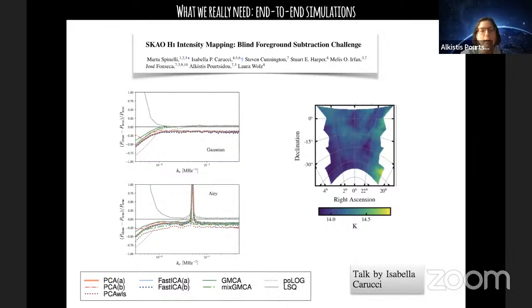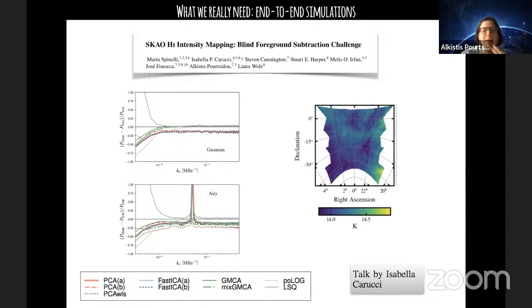I will also say that, regardless of these things that we can try and do with Pathfinder data or with idealistic simulations, what we really need is end-to-end simulation. So in the SKA cosmology group, we took a first step on that with our blind foreground subtraction challenge.